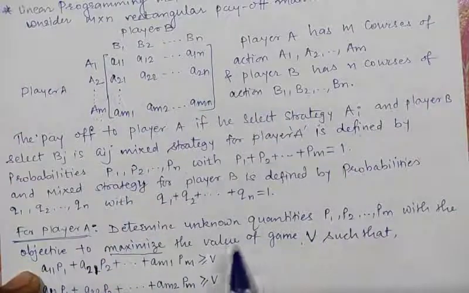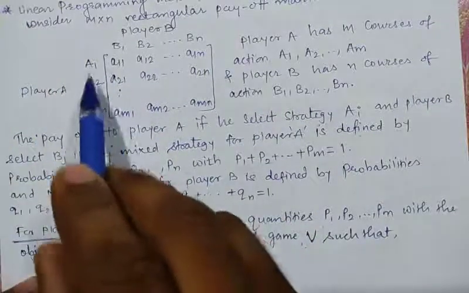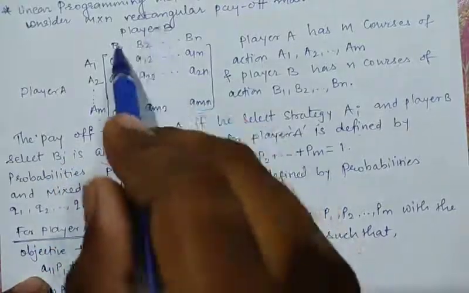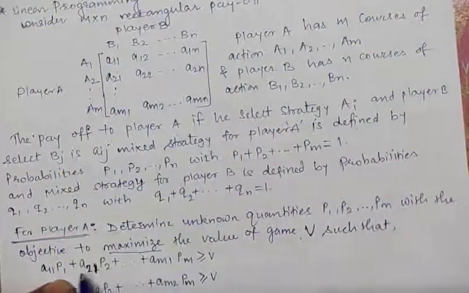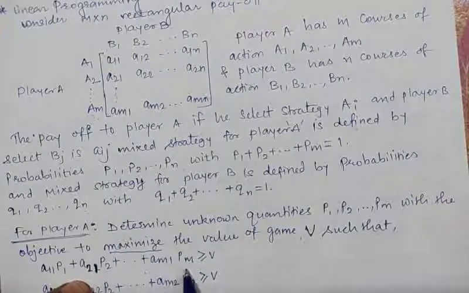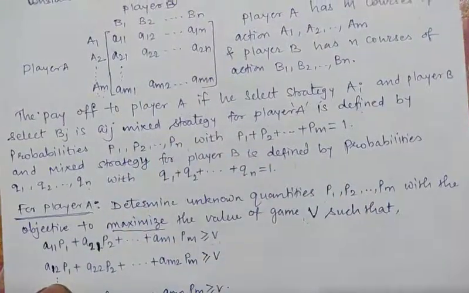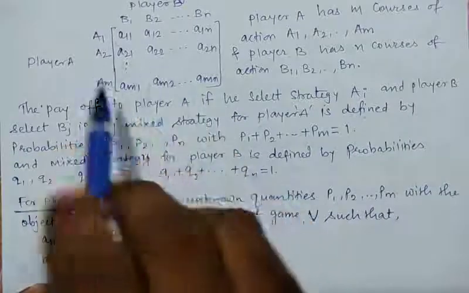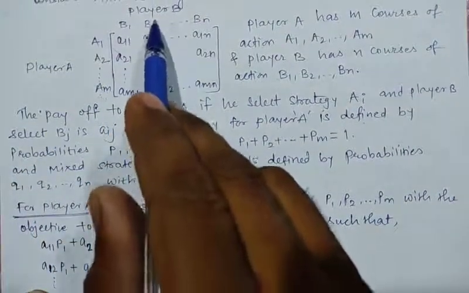So here we have taken V to maximize, such that, for player A's strategies A1, A2, up to Am, when player B plays B1, we select the first column and get a11 p1 plus a21 p2 plus up to am1 pm, which is greater than or equal to the value of the game V. Now the second one is for player A when player B plays B2.